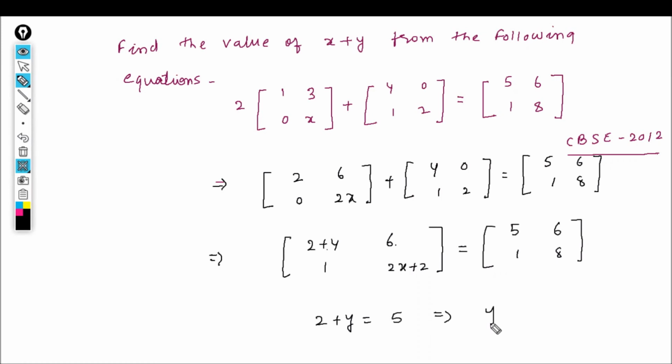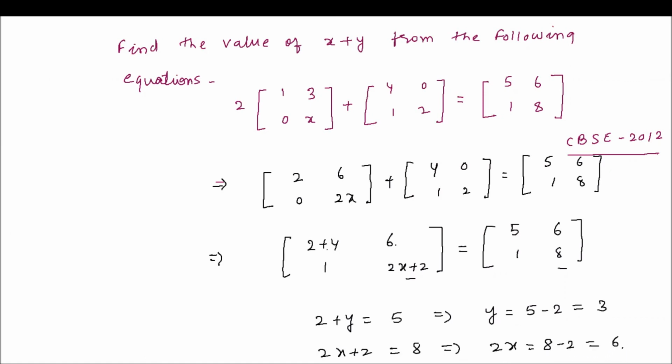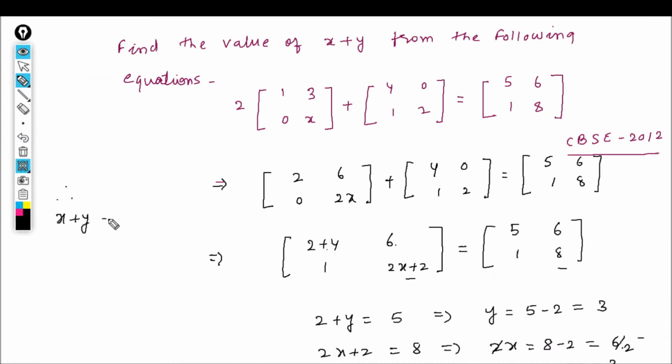This implies y is equal to 5 minus 2, ये 3 आएगा. 2x plus 2 is equal to 8 आएगा बच्चों. This implies 2x is equal to 8 minus 2 is equal to 6, x is equal to 3 आएगा. So therefore x plus y is equal to 3 plus 3, it is 6.